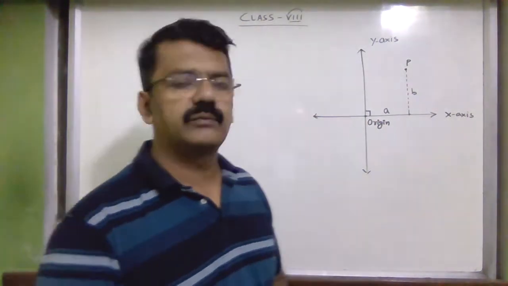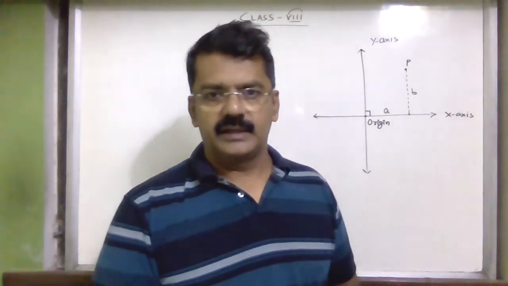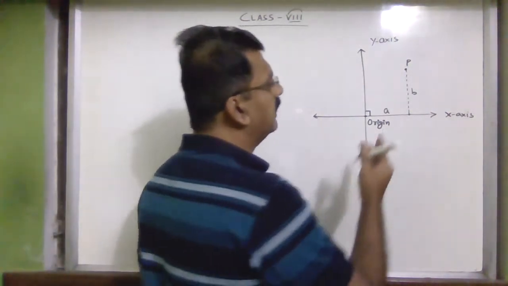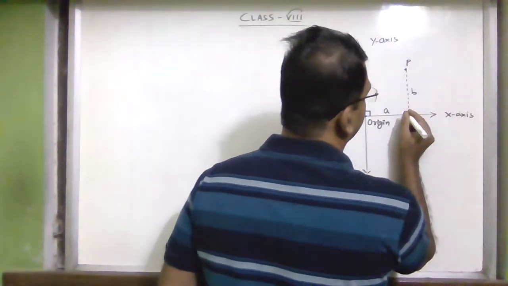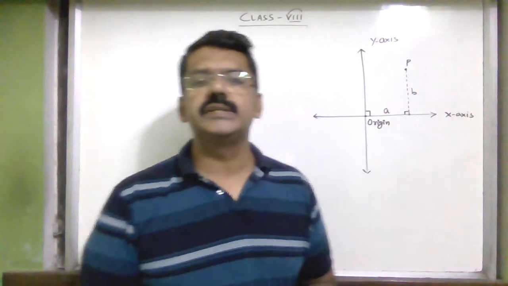Here you can see, first I moved a distance parallel to the x-axis, then by turning an angle of 90 degrees, I moved b distance to reach P.